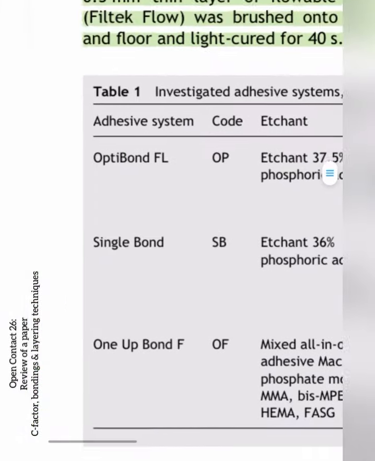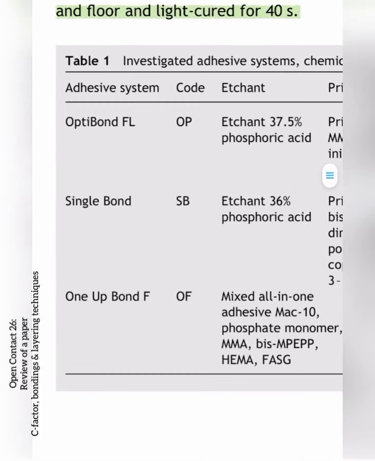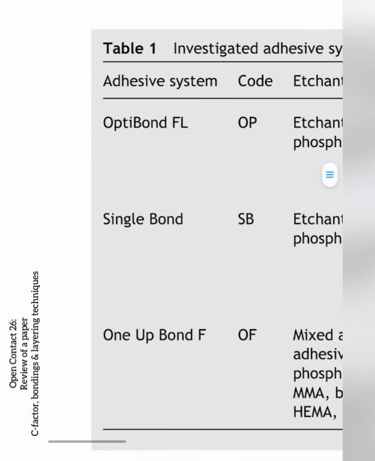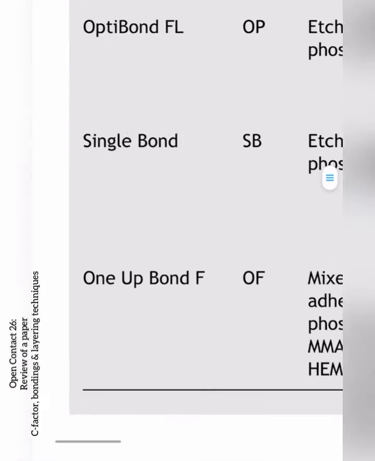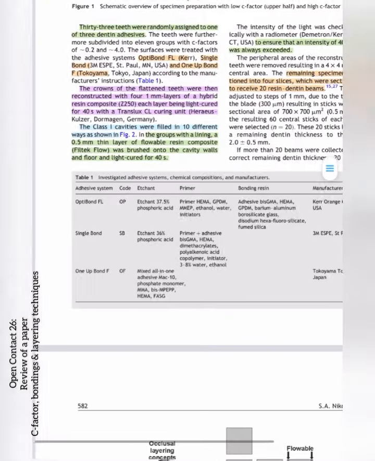The bonding systems used were two etch-and-rinse systems: one Optibond FL, which is the gold standard of the fourth generation bonding systems, and the other Single Bond, which is the fifth generation, and the other one is an all-in-one adhesive system.